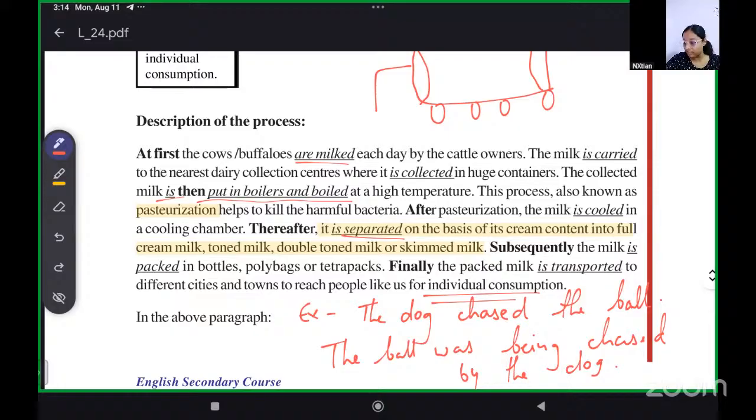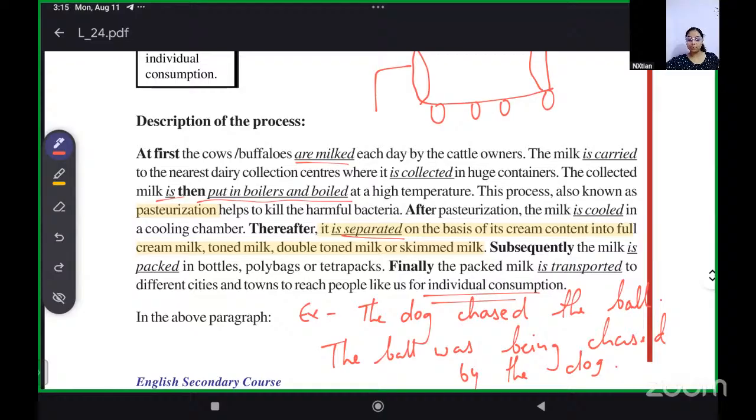In the first sentence and the second sentence, the same thing is happening. The dog is chasing the ball, same thing. But in the first sentence, the subject is directly doing the action, whereas in the second sentence, the subject is doing the action, but it is written indirectly.